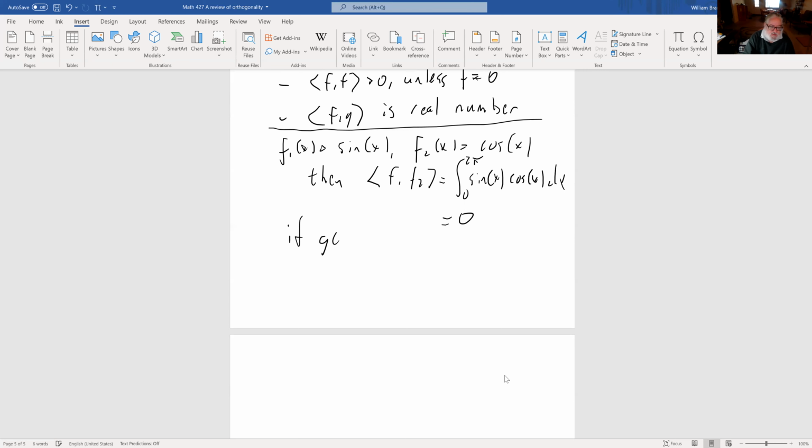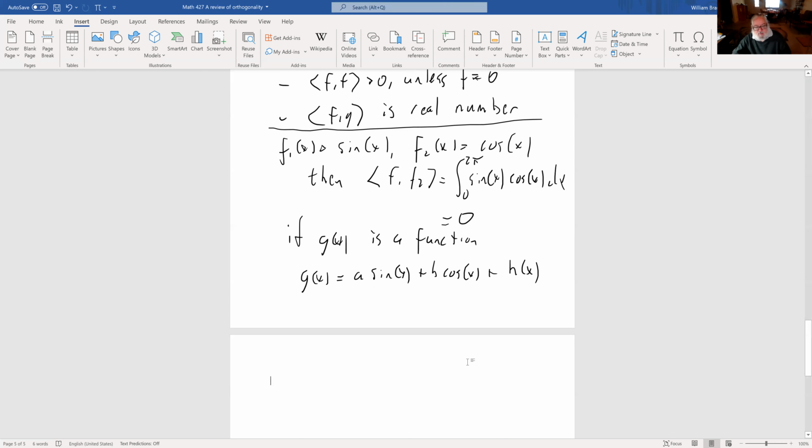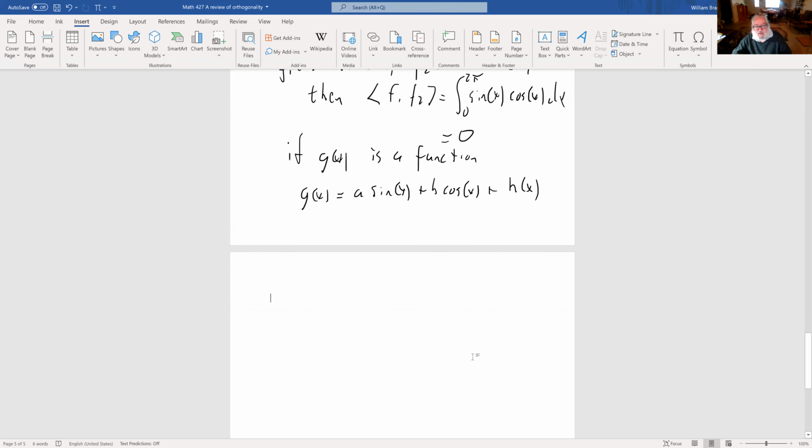If g of x is a function, then g of x will be equal to a sine x plus b cosine x plus a third function, which I'll call h of x. And h is going to be orthogonal to both sine and cosine. So how do you find the coefficients here?